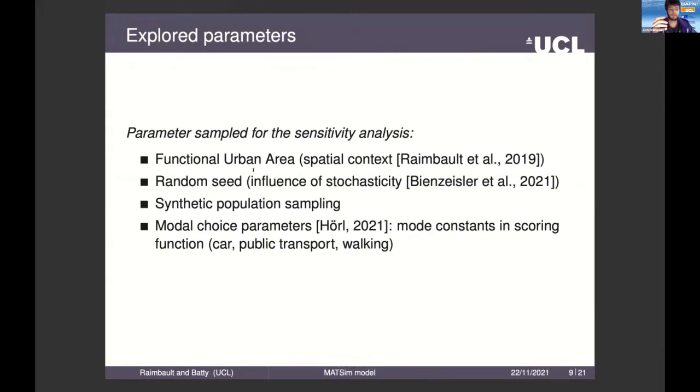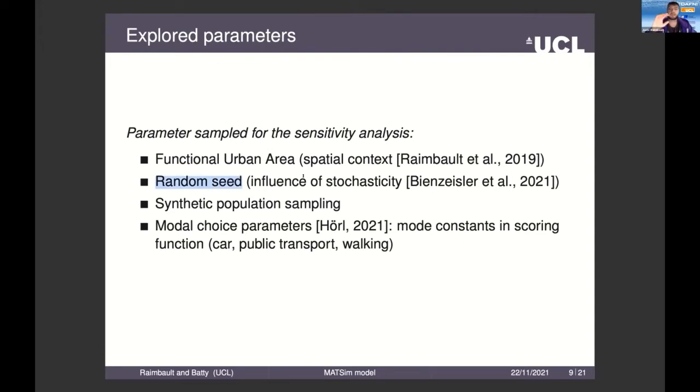And what are the parameters for the MATSim model I study in this particular context? First of all, looking at the importance of the spatial context: will you have similar results if you run on London or Manchester? What is due to the geography and what is generic? Then also the impact of stochasticity is quite important.